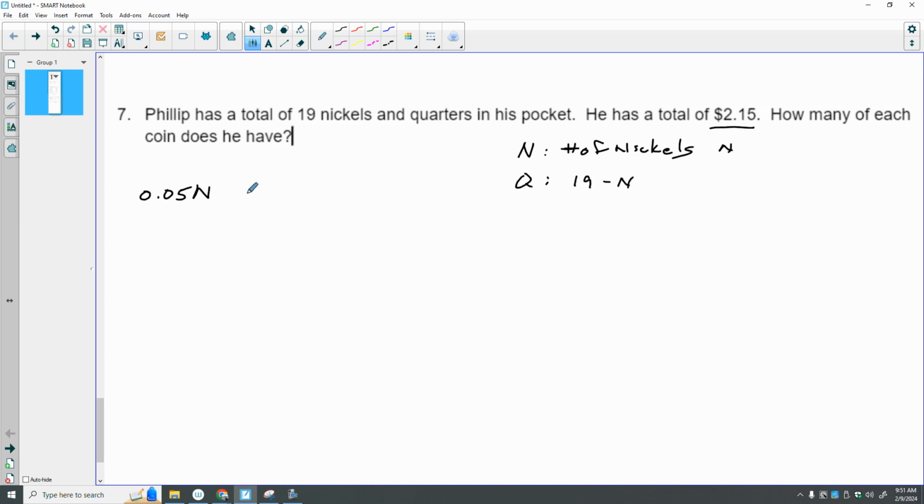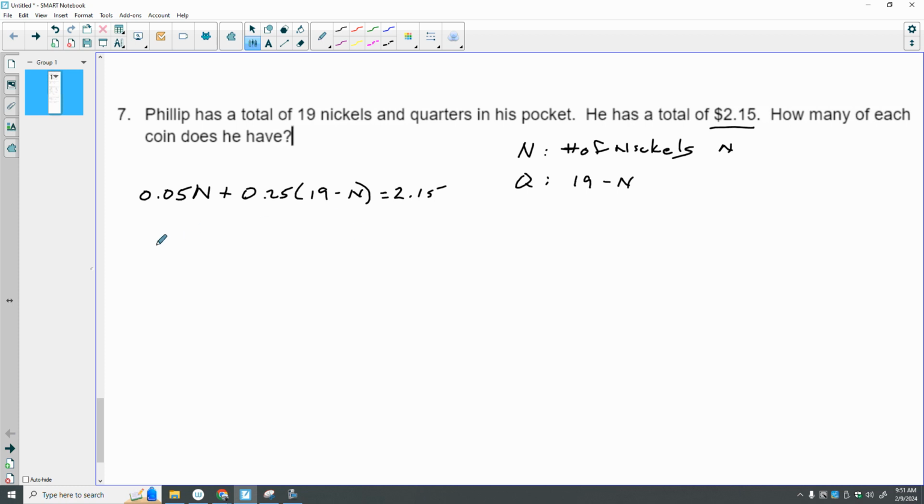The value of quarters is 25 cents per quarter times the number of quarters, which is 19 minus N. The value of nickels plus the value of quarters, the total value, has to equal $2.15.